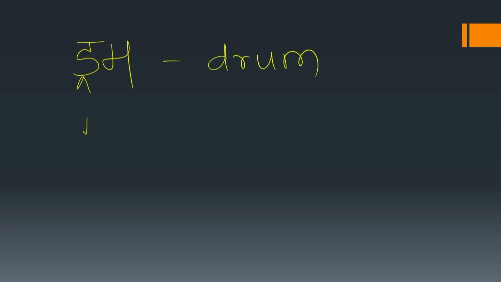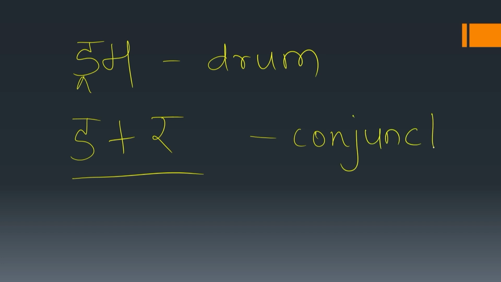Now here again, this is d plus r, two consonants gives us a conjunct.